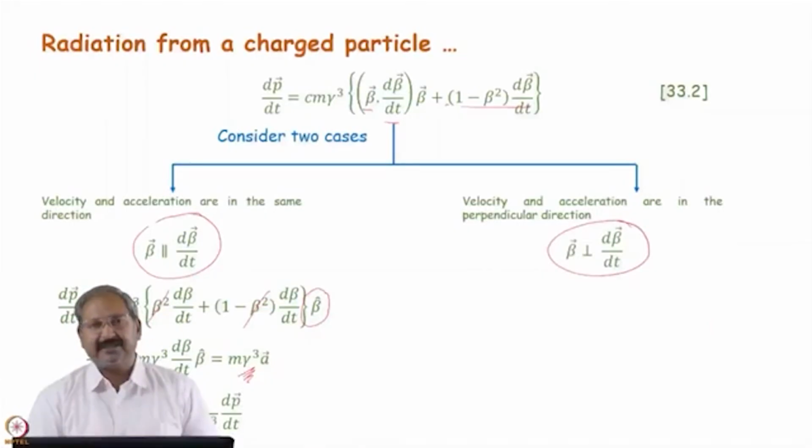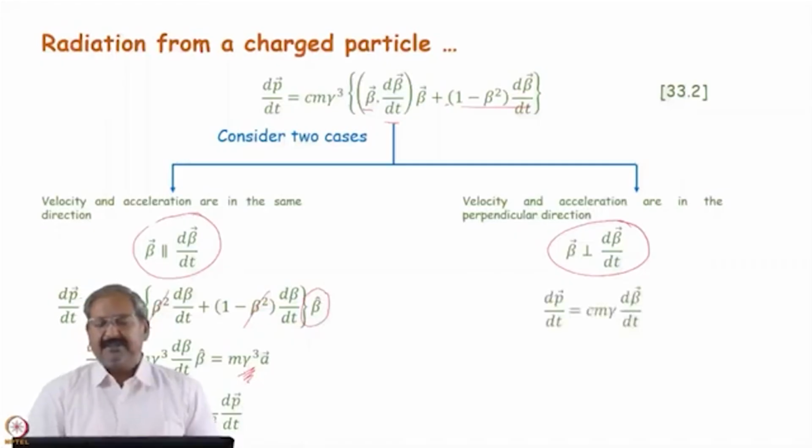that the velocity vector is perpendicular to the acceleration vector, so dp by dt, this term will be 0 because of the cos 90, and only this term will be there. So dp by dt is c m gamma d beta by dt.